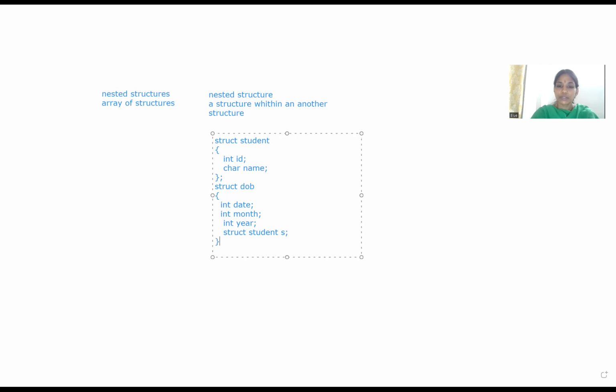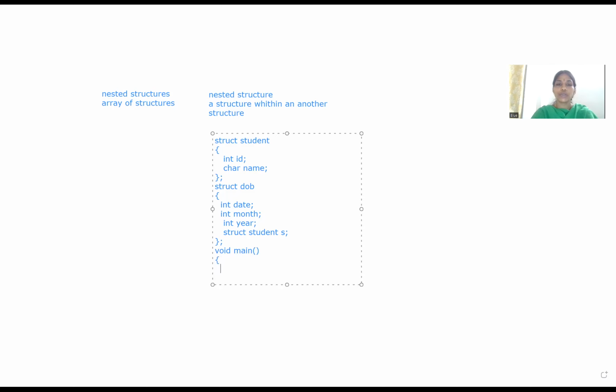After that, we are closing the structure. To initialize the values for the student structure, we declare the variable in the structure date of birth. Here in the main function, how do we write it? Void main, open brace.